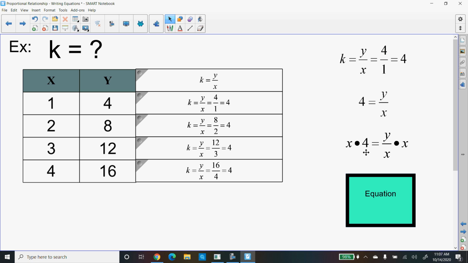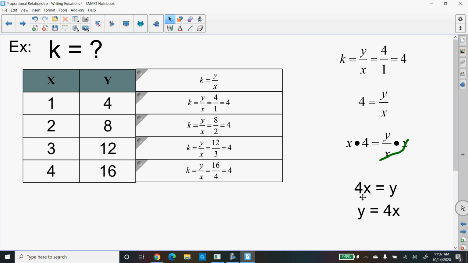Multiply 4 times x and multiply y over x times x also. What that does, it cancels out the x values. And so since the x values are canceled out on the right side, I have y by itself equals 4 times x. And 4 times x, by the way, is equal to 4x, and y is equal to just y on the right side.